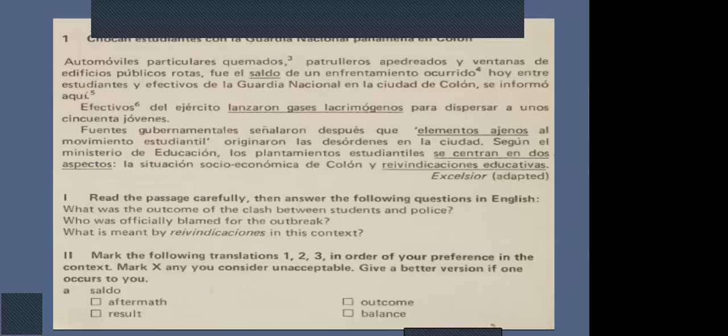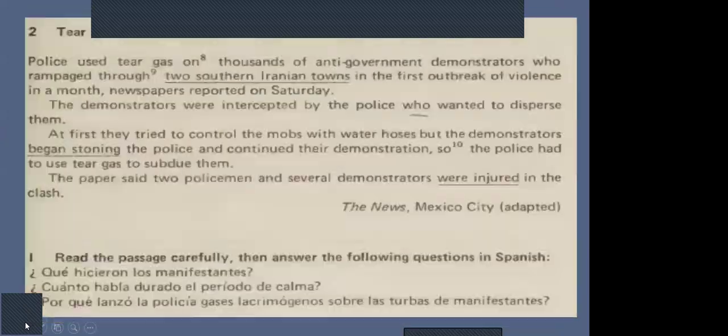All of those deserve attention. You see the outcome of the standoff, and so forth. Interesting. Now, this is especially challenging, as you know, because we're translating into English. We have one more. Let's take a look.